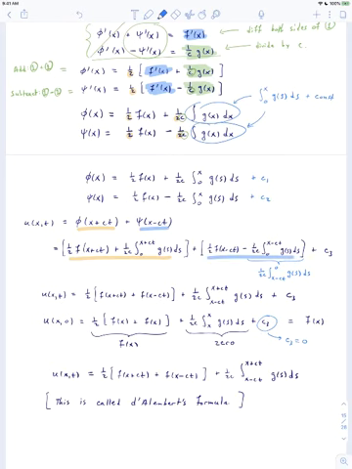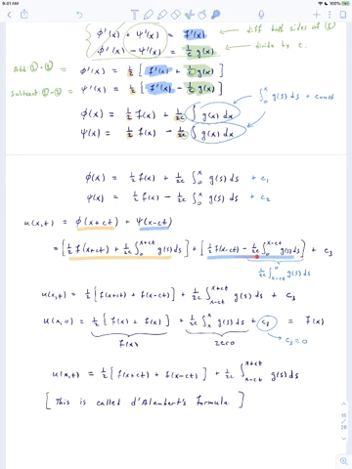Okay, so we're evaluating this at x. This first one, we're evaluating at x plus ct. So any place we see an x, we replace it with x plus ct. So x plus ct goes here. So there's an x plus ct there. There's also in the upper limit of integration, that's an x plus ct.